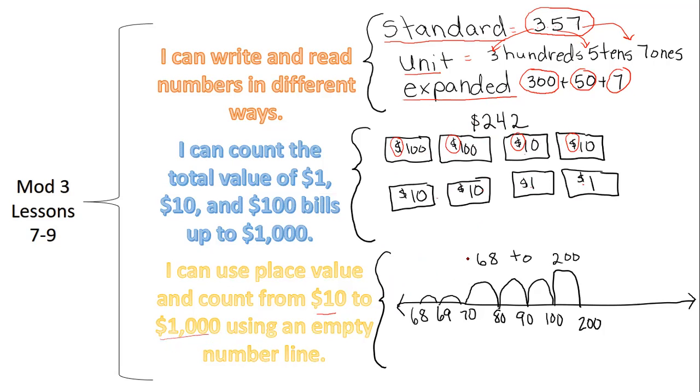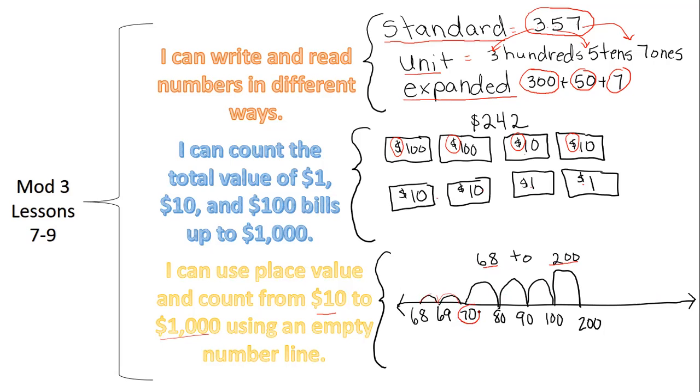You can also use place value and count from $10 to $1,000 using an empty number line. Here I just did one so you could remember. We've done this before. If I'm counting from 68 to 200 on this number line, it wouldn't have enough space, would it, to count by ones. But if I do little hops of 1, 68, 69, 70, remember, what did we do?